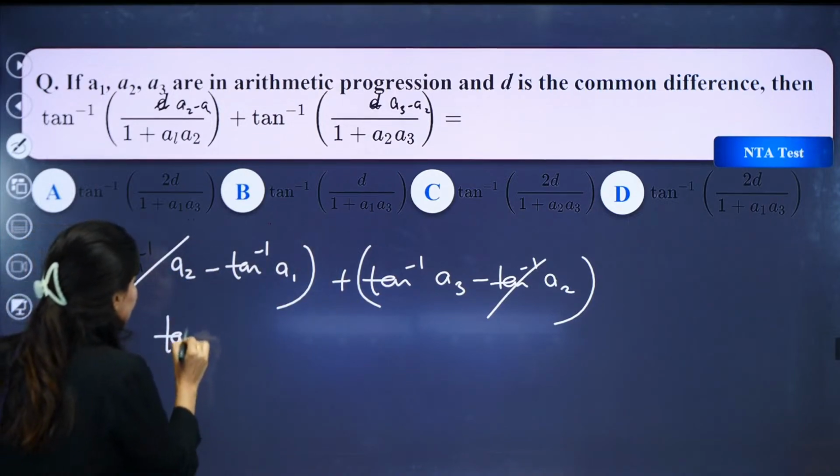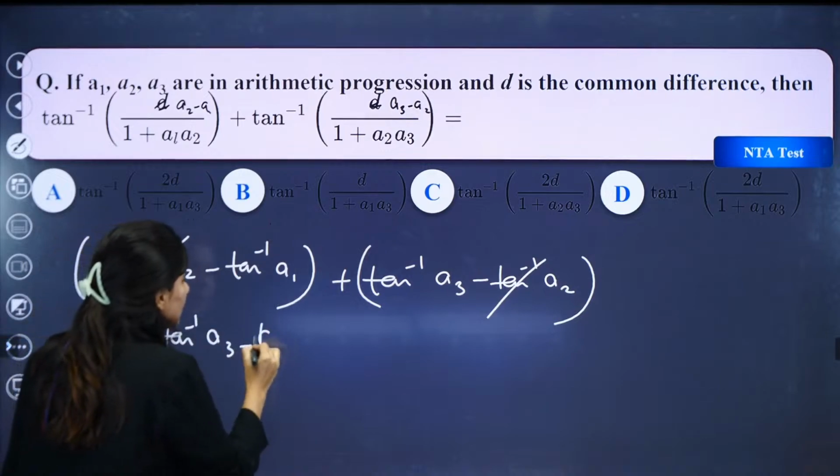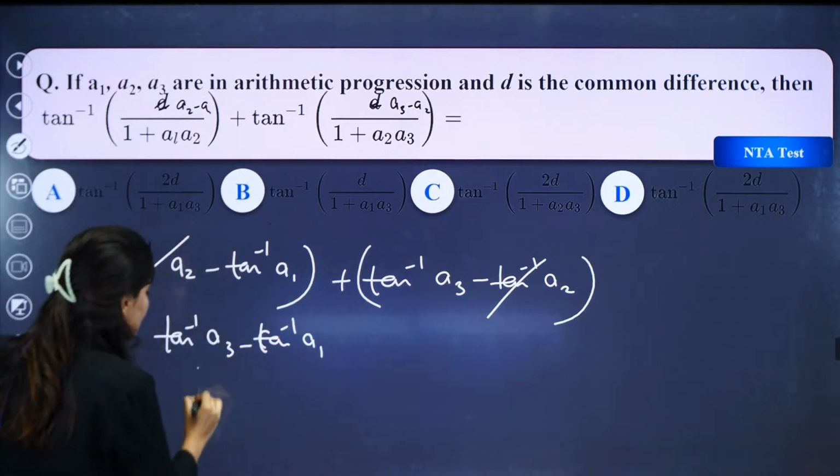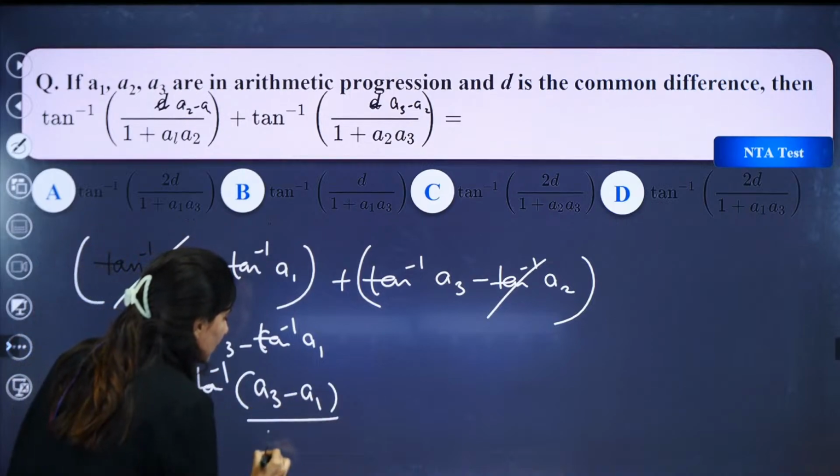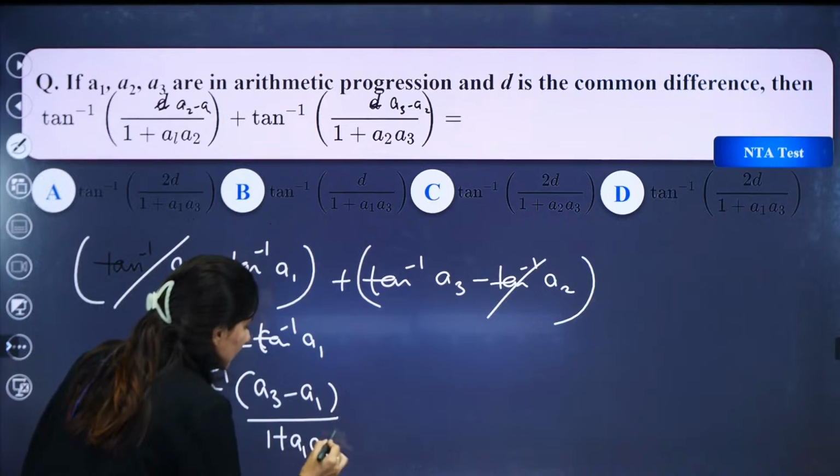So tan inverse A3 minus tan inverse A1. So this is tan inverse A minus B, A3 minus A1 whole upon 1 plus A1 A3. Right?